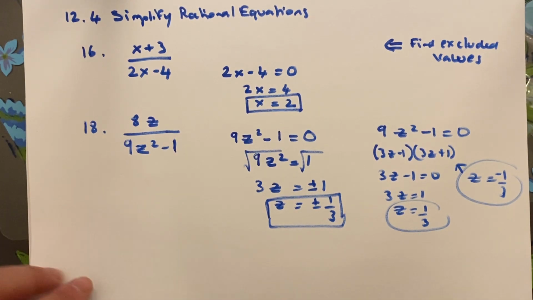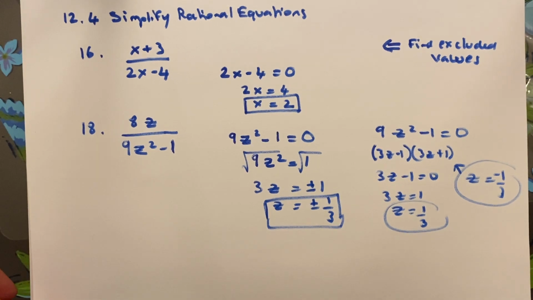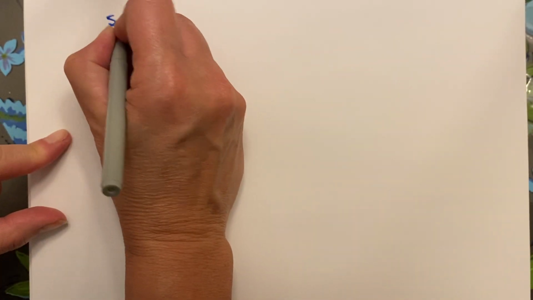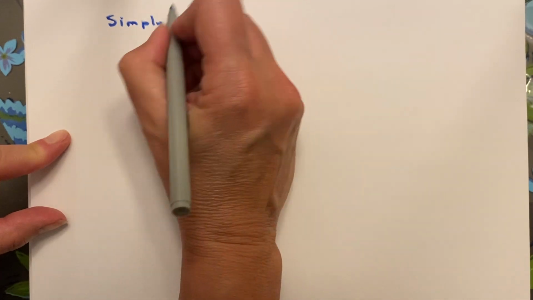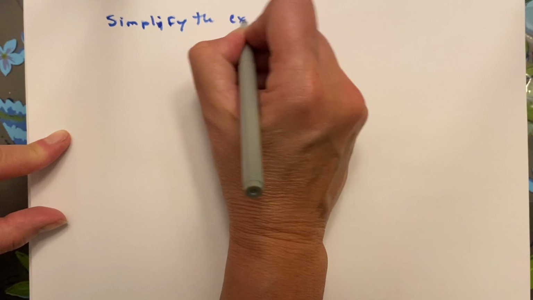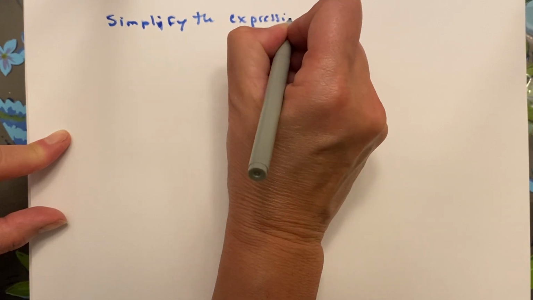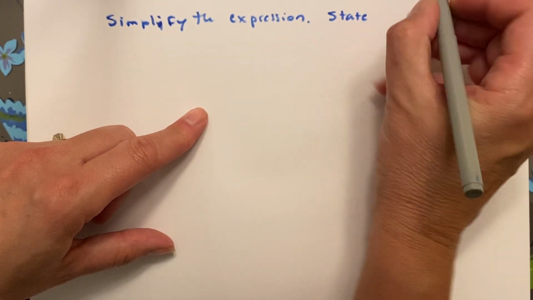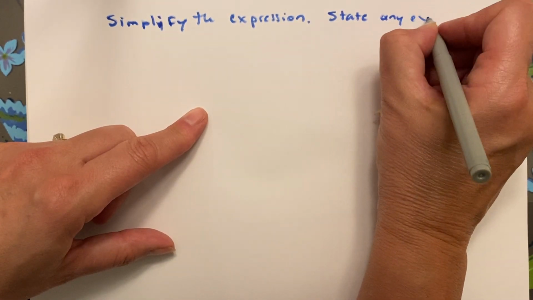The second portion of 12.4 was just to simplify the expression. So I'm going to do number 20 with you. Different instructions: simplify the expression and state the excluded values, if any.